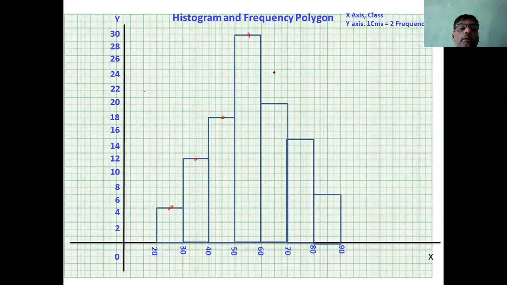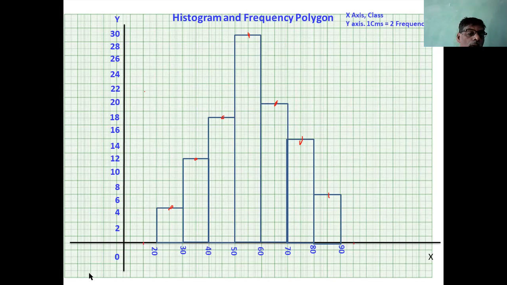Like this you mark. This is the fifth rectangle, sixth rectangle, and seventh rectangle. And the mid value of here also mark, and the mid of here is this.